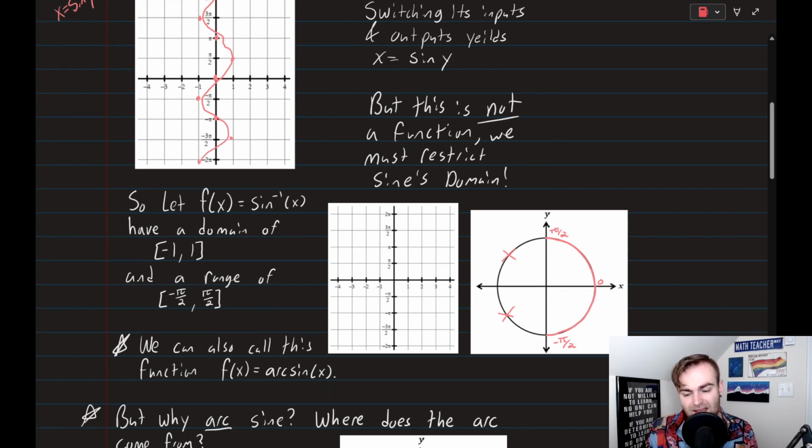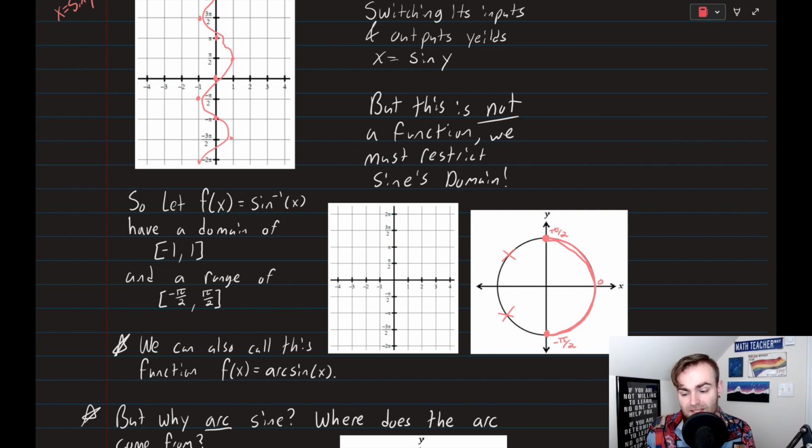Let's let the sine inverse function have a domain of -1 to 1, which is the range of sine, but instead of having a range of negative infinity to positive infinity, we restrict ourselves to the right side of the unit circle. So we're starting at negative pi over 2 and going to pi over 2.